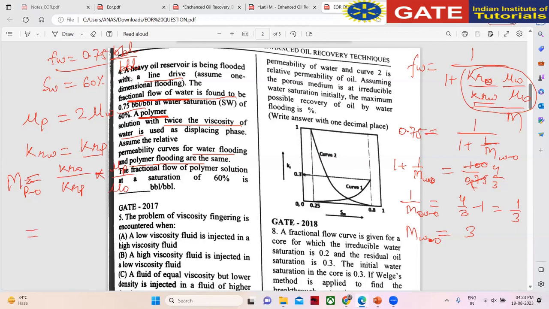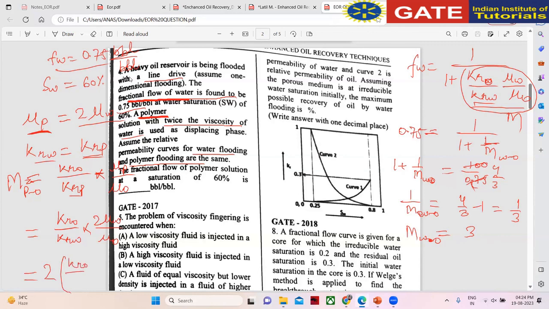Okay. So we know that the relative permeability of water will be equal to the relative permeability of polymer. So KRO divided by KRW. Okay. But the viscosity of polymer is twice the viscosity of water, 2 into mu W divided by mu O. So 2 is common, take as common.